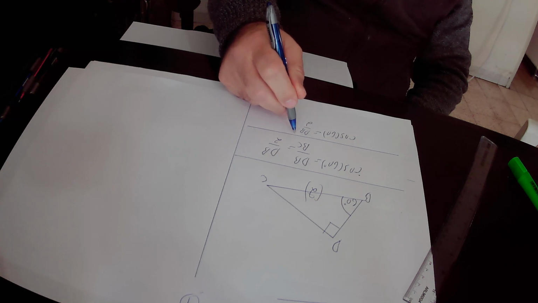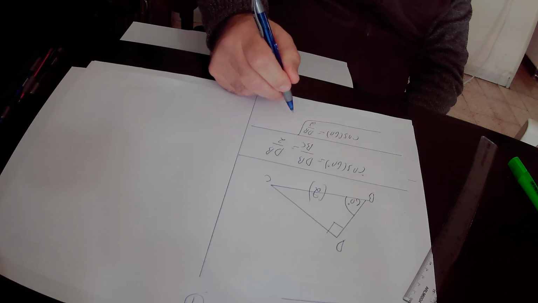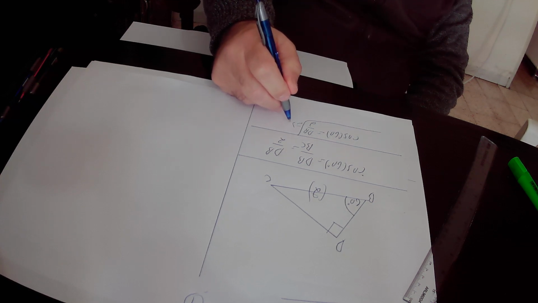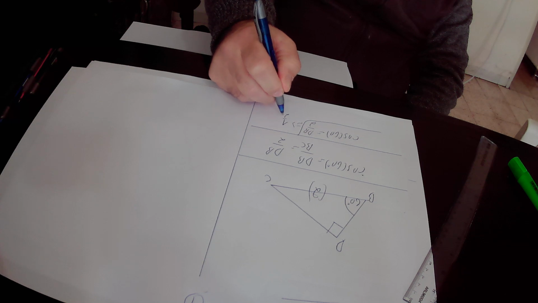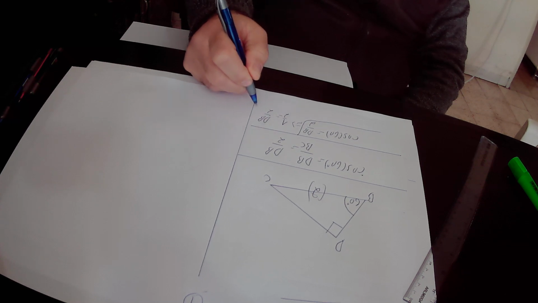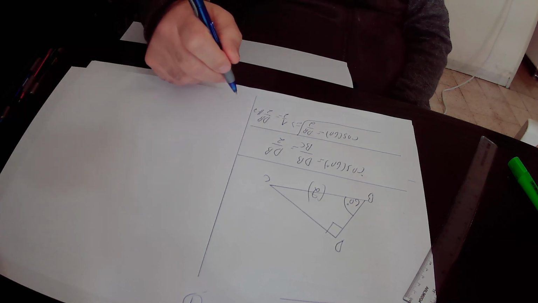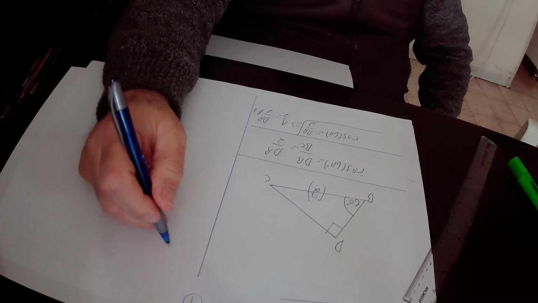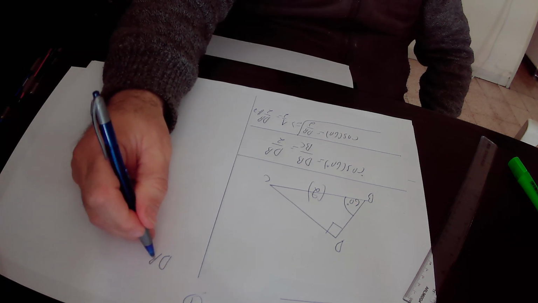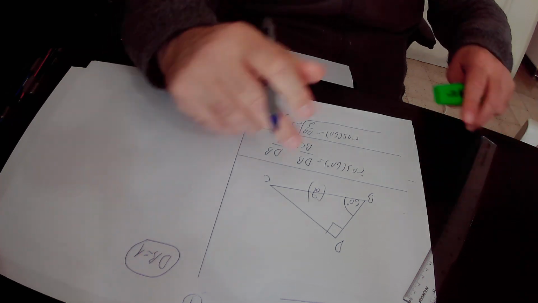Cosine 60 degrees is 1/2. So we substitute cosine 60 degrees by 1/2, and we get that 1/2 equals DB over 2. Here we multiply this equation by 2, and finally we get that DB equals 1 unit in its length.